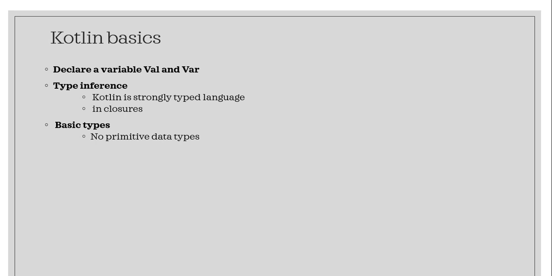But in Kotlin, primitive data types are also defined as classes, so there is an object of that class. All data types are class types, including primitive data types.